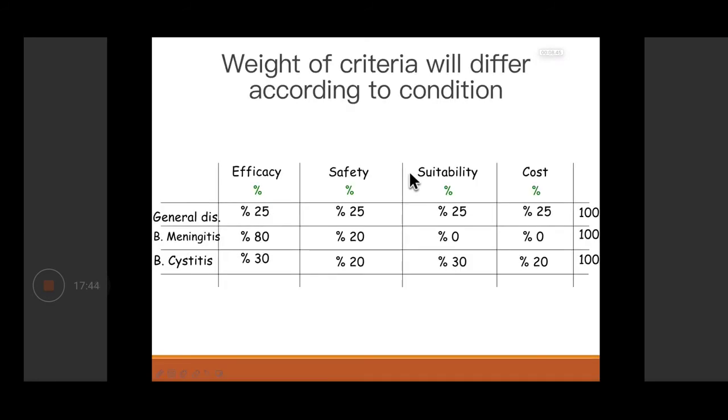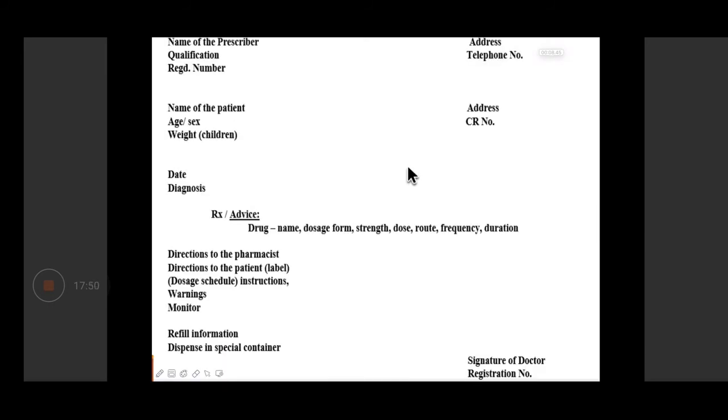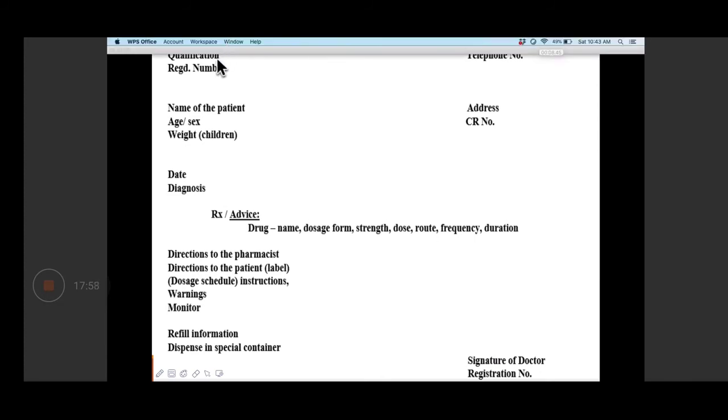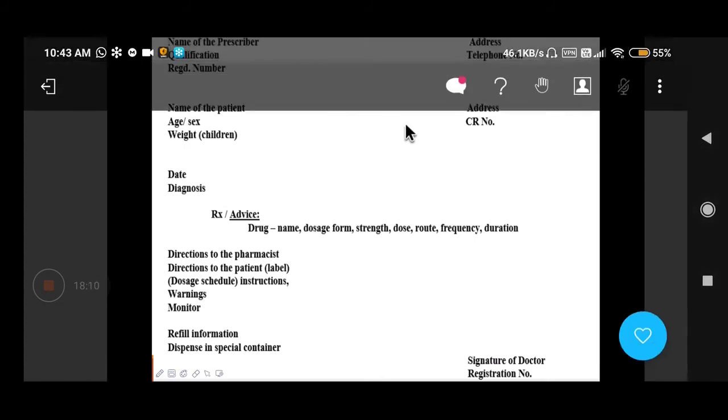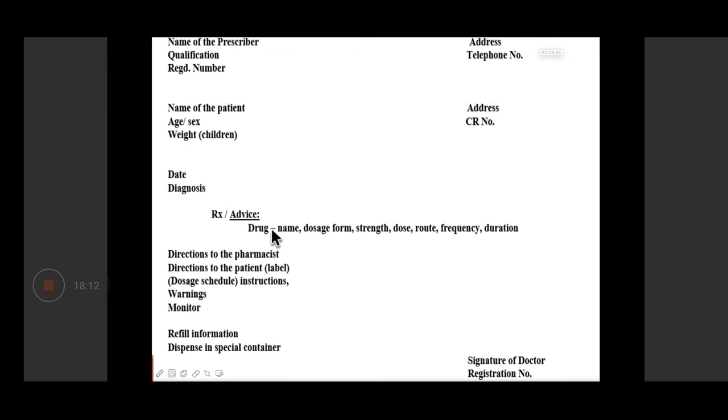So I was just telling you that these factor computations depend upon the type of disease. So then you have to write a prescription for the patient. It's not just finding out medicine, you have to write a prescription: name of the prescriber, qualification, registration number, address. Okay.